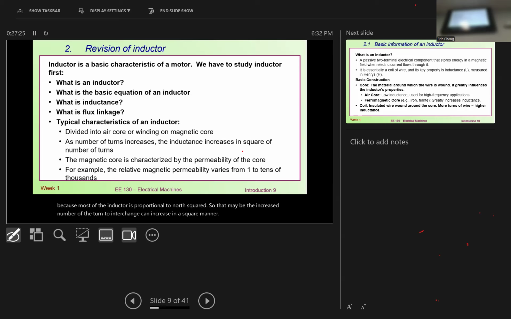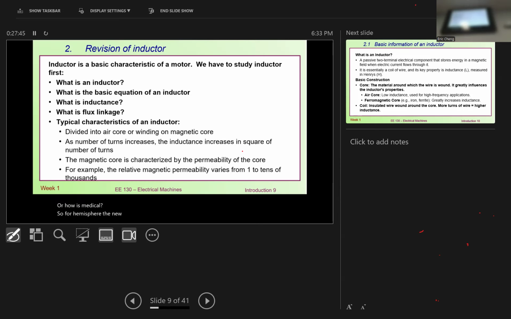Another item we need to look into is the permeability of the core. The magnetic core has the so-called mu R, the relative permeability. Have you learned anything about the permeability, the mu for this magnetic core? For atmosphere, the mu R equals 1.